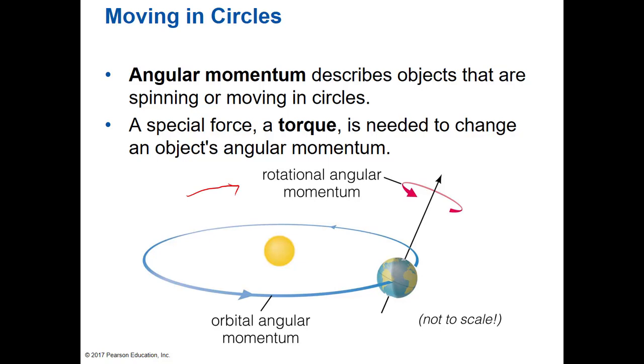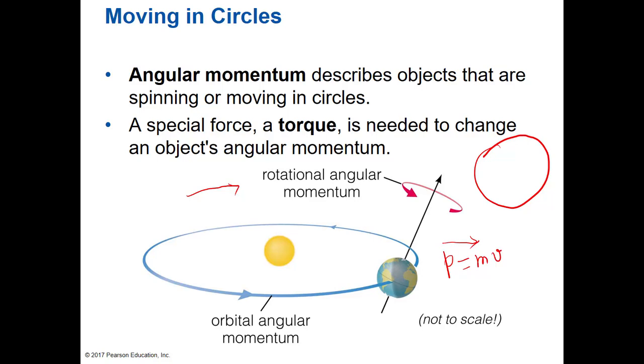But if you're moving in a closed orbit or in a circular orbit, then you'll talk about the angular momentum. When it is moving in a straight line, you will only talk about the linear momentum. The formula for the linear momentum is P, the mass times the velocity.